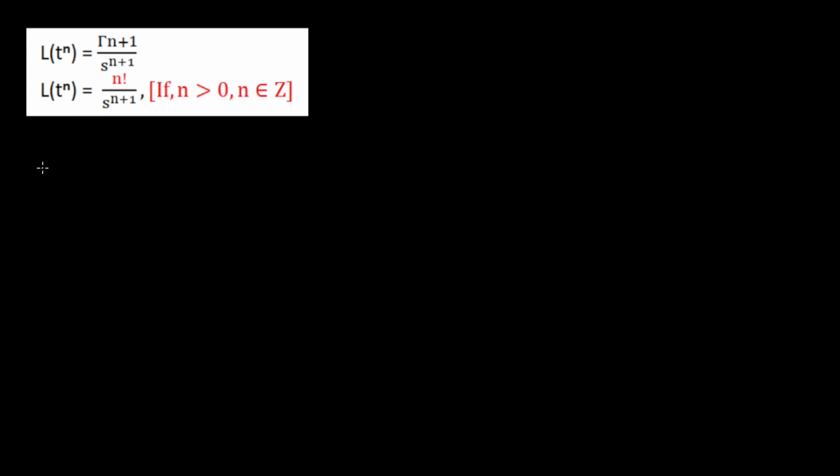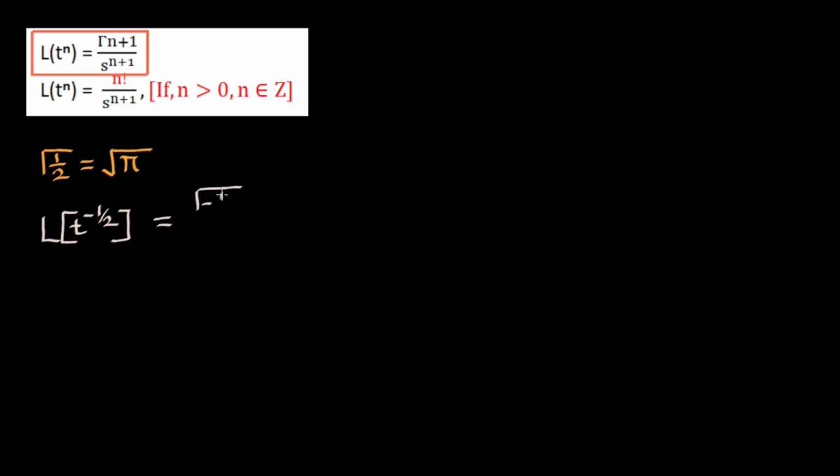Let us recall that gamma half is square root of pi. By using this result, we will find Laplace transform of t raised to minus half, where minus half is not a positive integer but a negative rational number. So according to this first formula, this will be gamma of minus half plus 1 upon s raised to minus half plus 1.